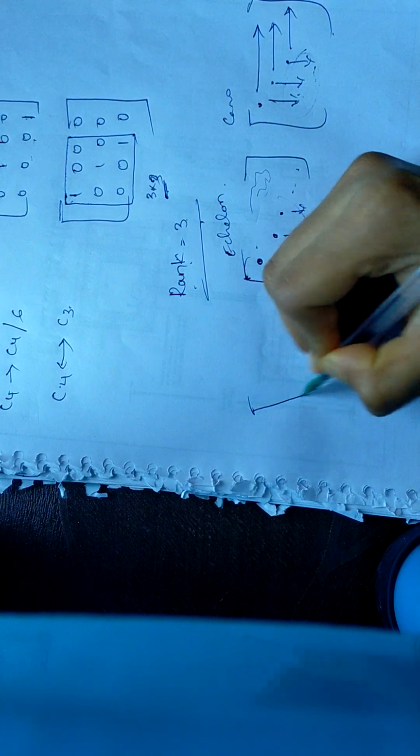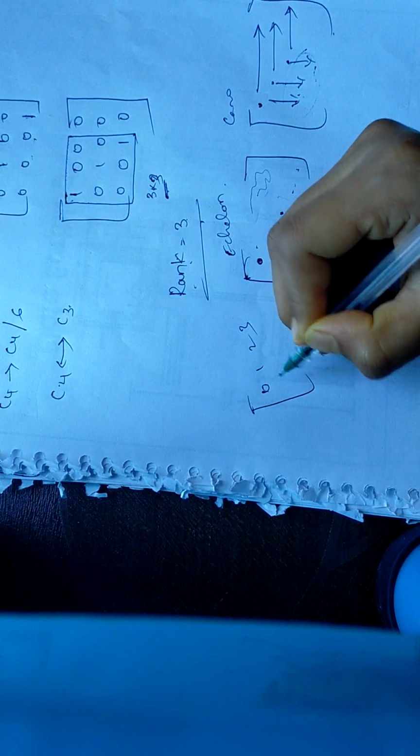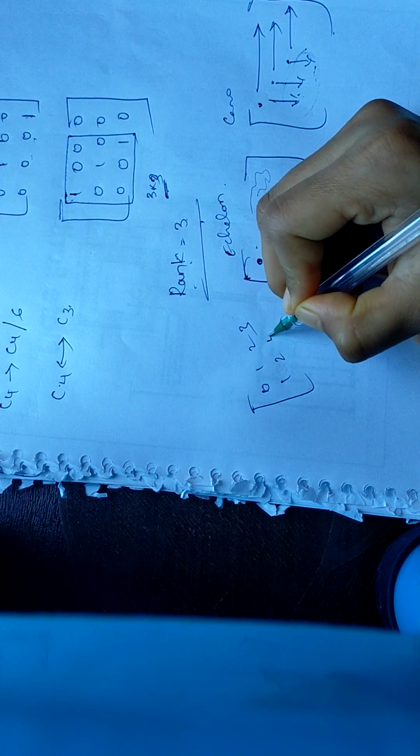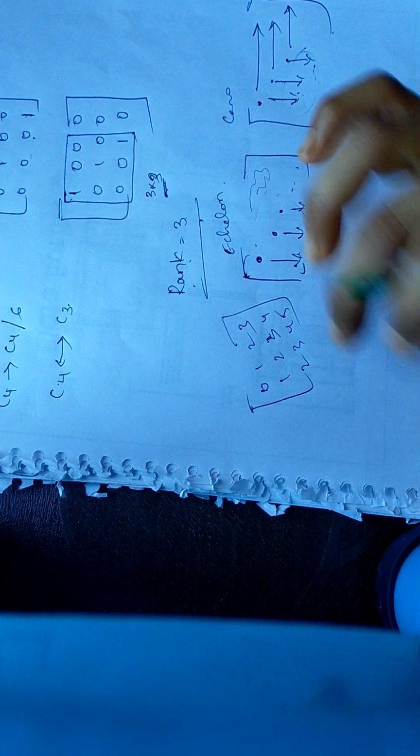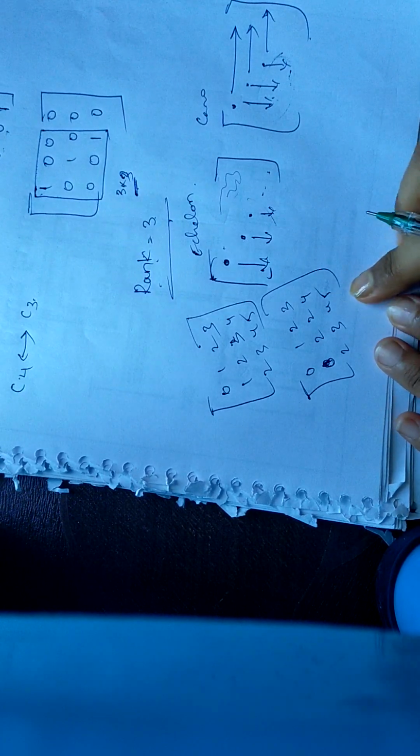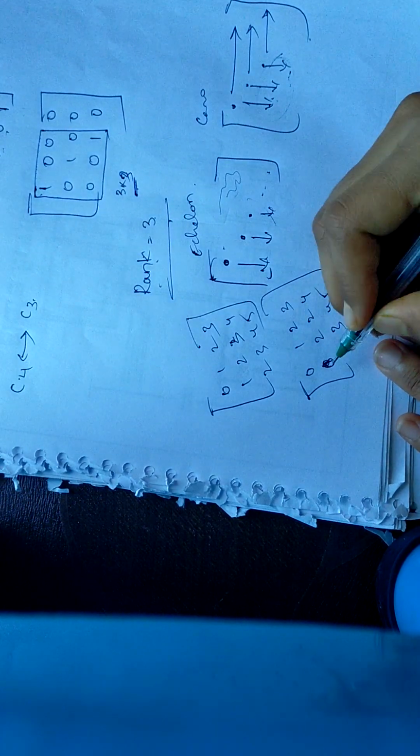That means you have a matrix like 0 1 2 3, 1 2 3 4, 2 3 4 5, and you did some operations and got this as 0, and this as 2, and 2 4, and 2 3 4 5. Generally I'm explaining it just for understanding.